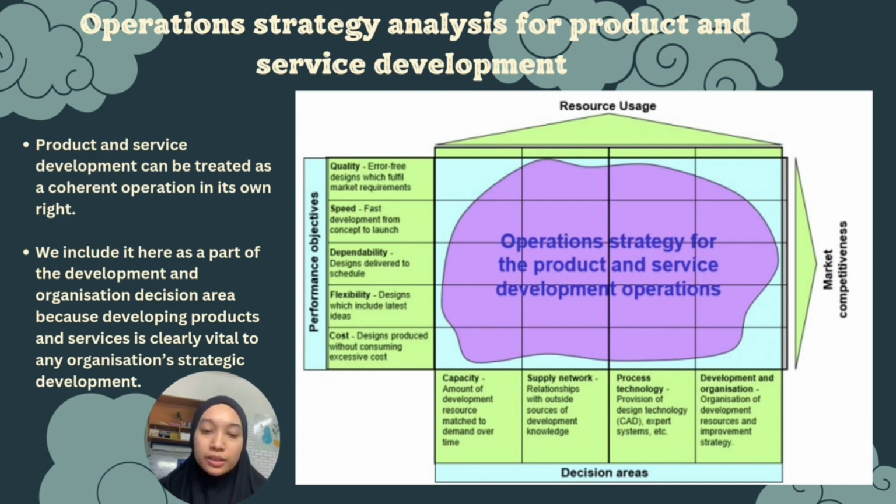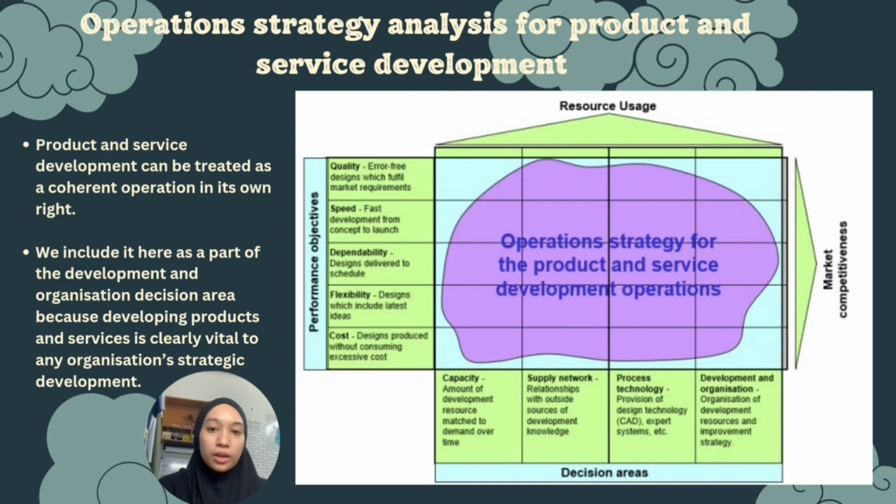In order to achieve competitive product and service design, the resources and processes that are used to develop them need to be organized along the lines of any other operation. The company's design capacity will have to be matched to the demand placed on it over time. Relationships with an external supplier network for design and development knowledge will have to be established.